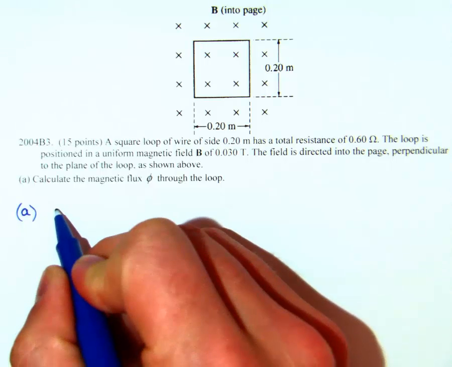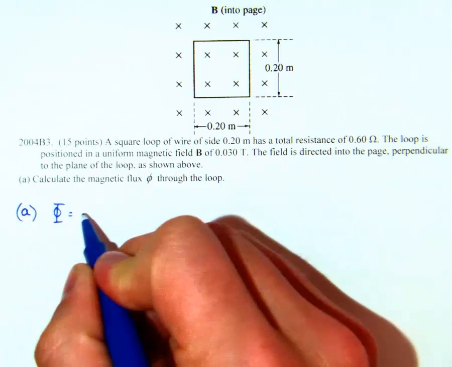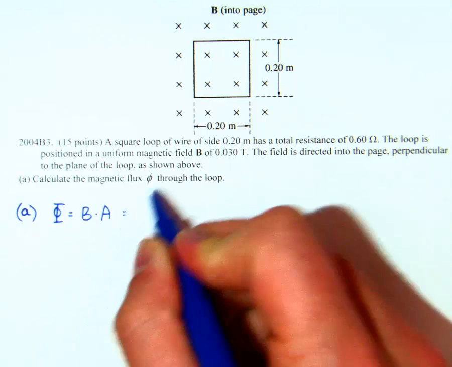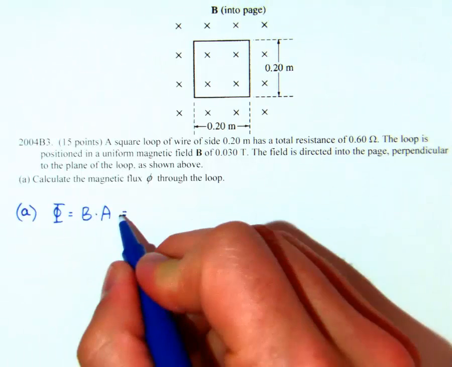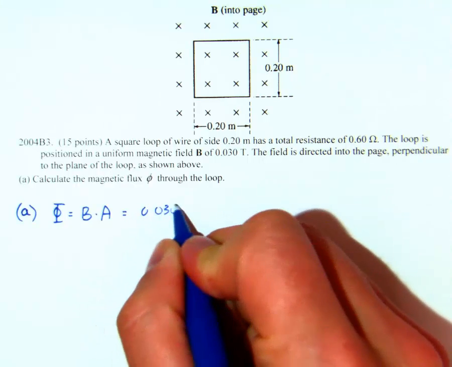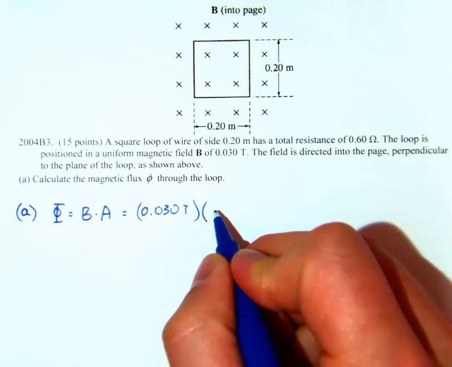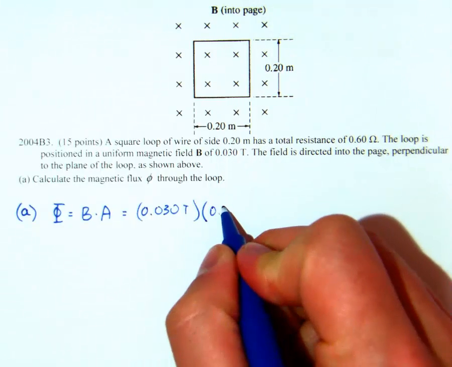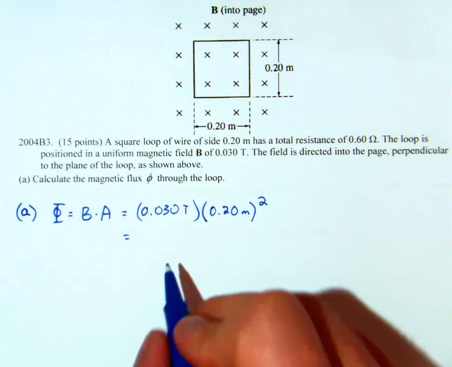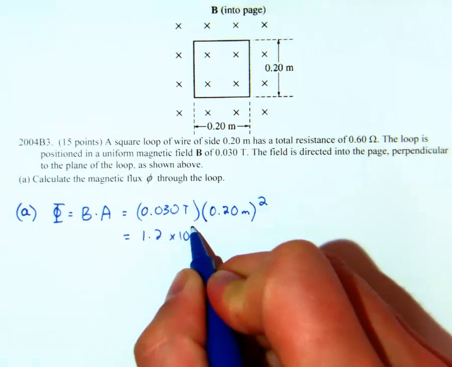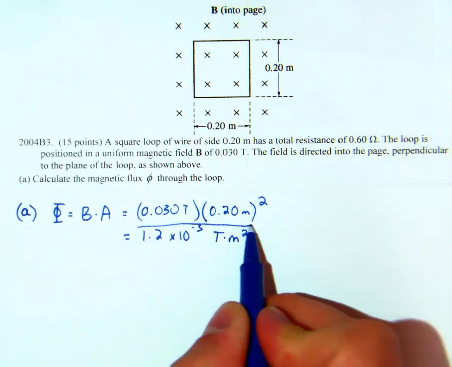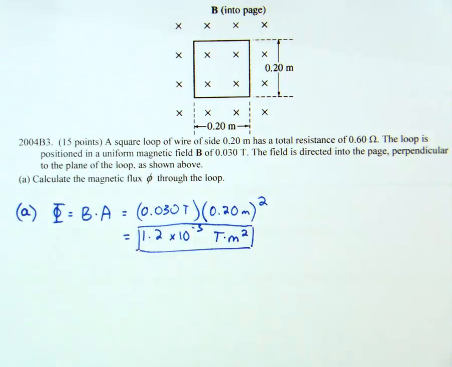We've got to remember that the equation for the magnetic flux is B dot A, which is, because they're perpendicular, I don't need to worry about the cosine of theta in the dot product, so I just have the magnetic field strength, 0.030 teslas, times the area of the loop, which, since it's a square, is easy, 0.20 meters squared, and that math is going to give me 1.2 times 10 to the negative third Tesla meters squared. That is the strength of the magnetic flux.